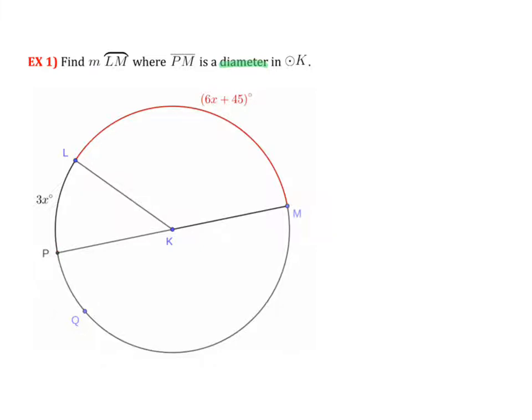And that semicircle goes from P to L and all the way over to M. Now, the reason why semicircles are important is because we know that the measures of semicircles are equal to 180 degrees. So what this means is that the measure of arc PLM is equal to 180 degrees.